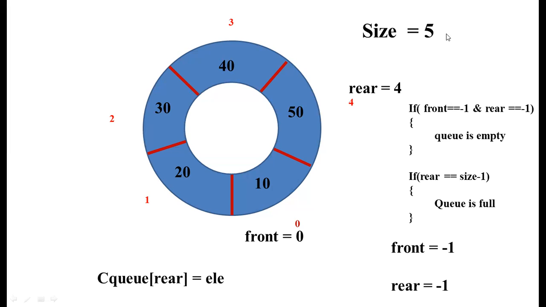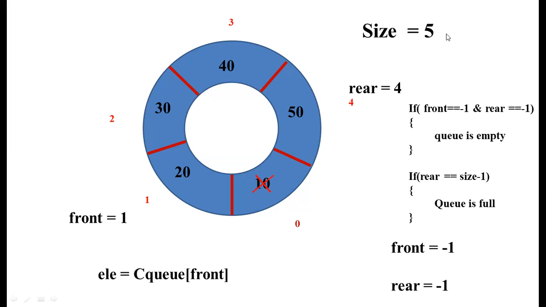Suppose that now you want to delete an item from the queue. According to the algorithm, the deletion can be done only at the front. So the element we are deleting is collected like this: ELE is equal to CQ of front. Once after deletion, we need to increment the front value.